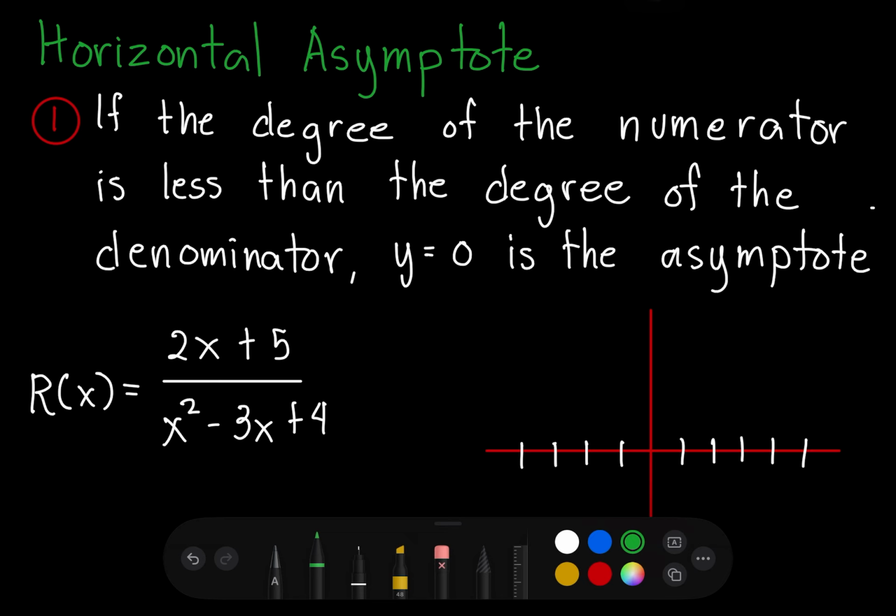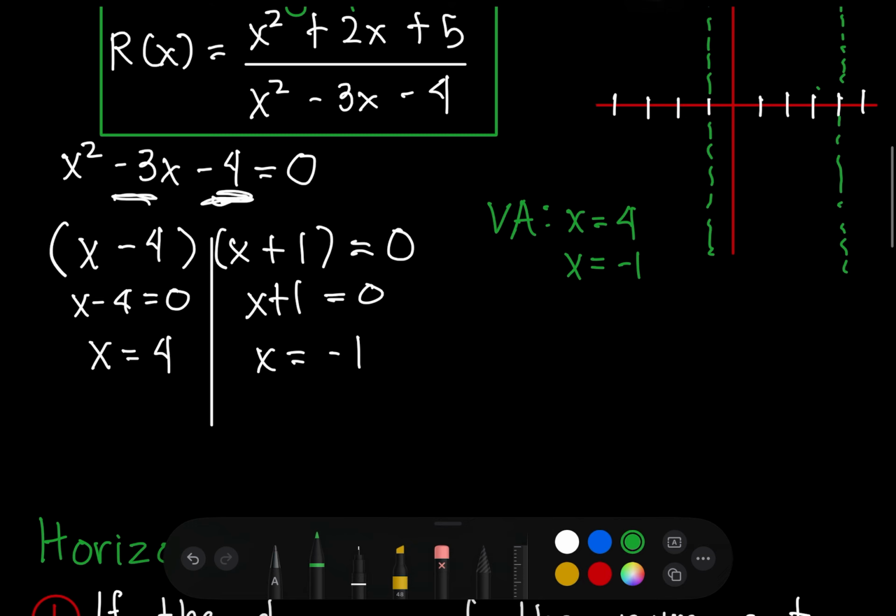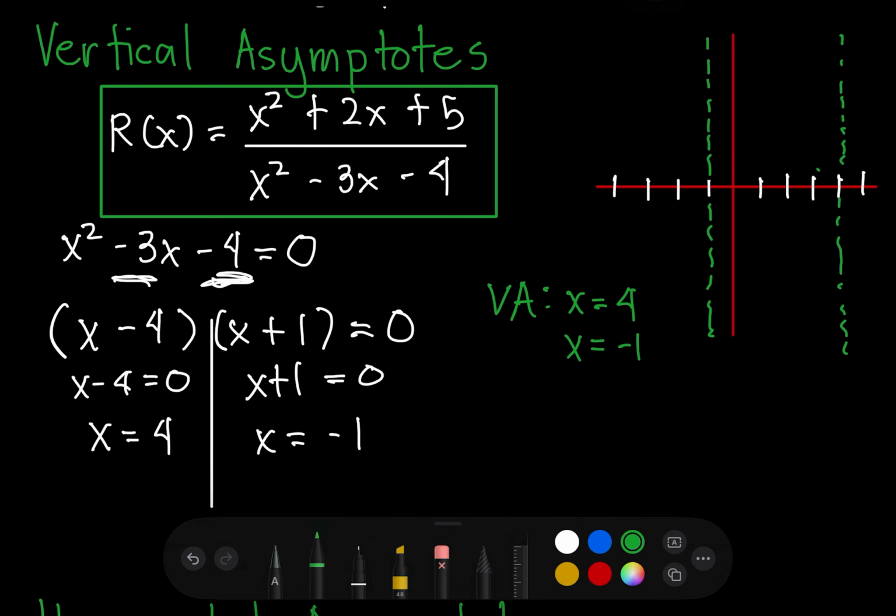Now, it says here, if the degree of the numerator is less than the degree of the denominator, our horizontal asymptote is at y is equal to 0. Okay? Kanina, x is equal to 4 and x is equal to negative 1 yung na-identify nating vertical asymptote.